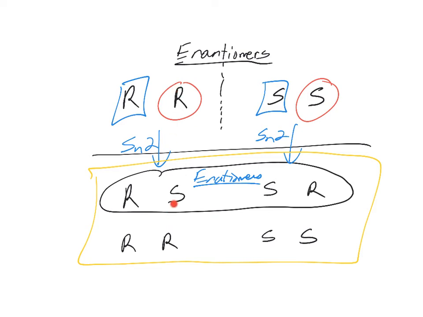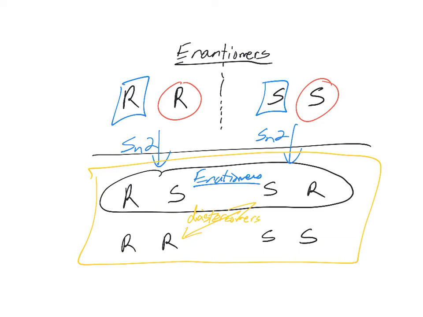So if you get racemization, notice how the R stayed the same, the S stayed the same, because that was right. That's still the same place. It's not reacting. If all of a sudden you got a bunch more products, if you got diastereomers, because what are these things to each other? These are diastereomers.